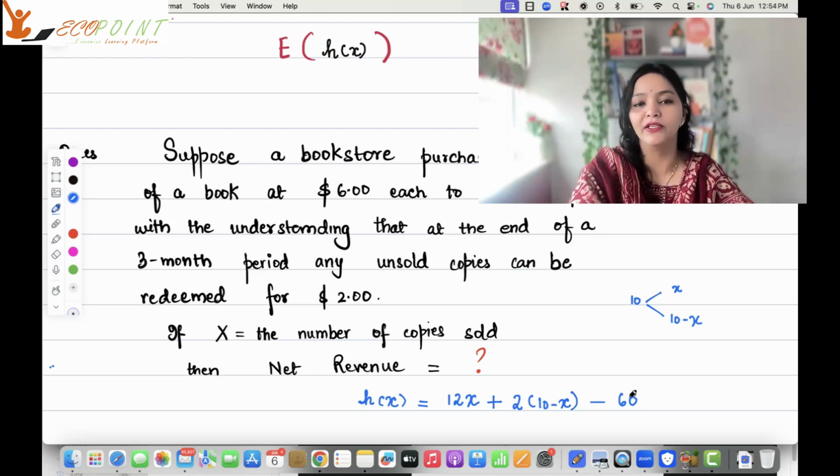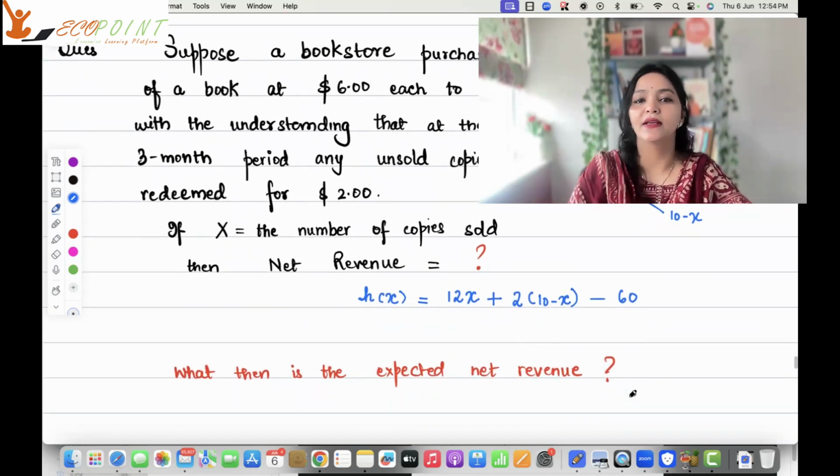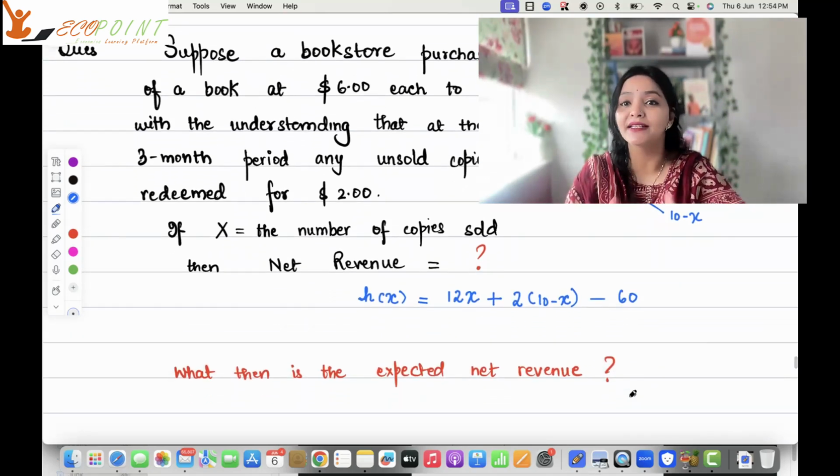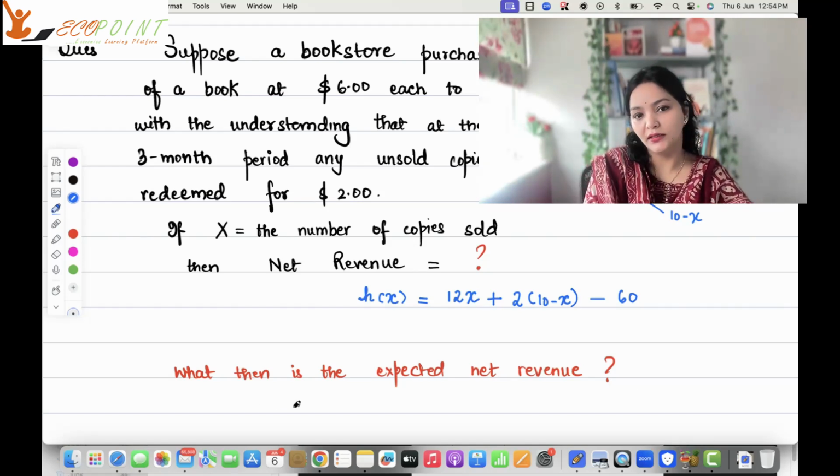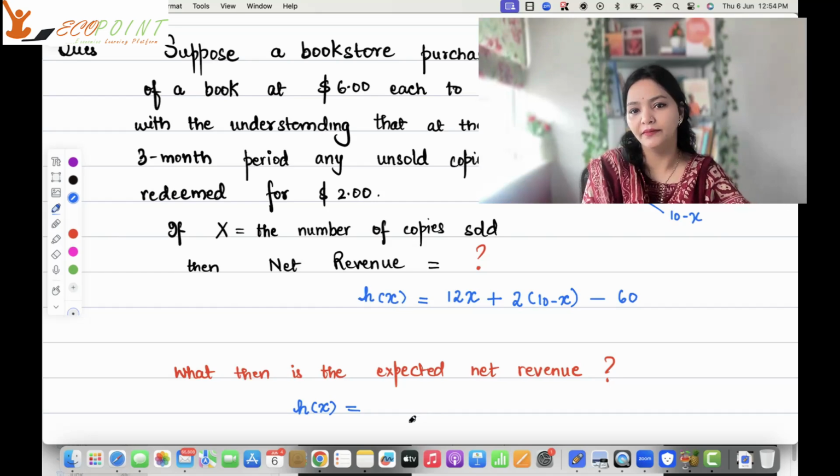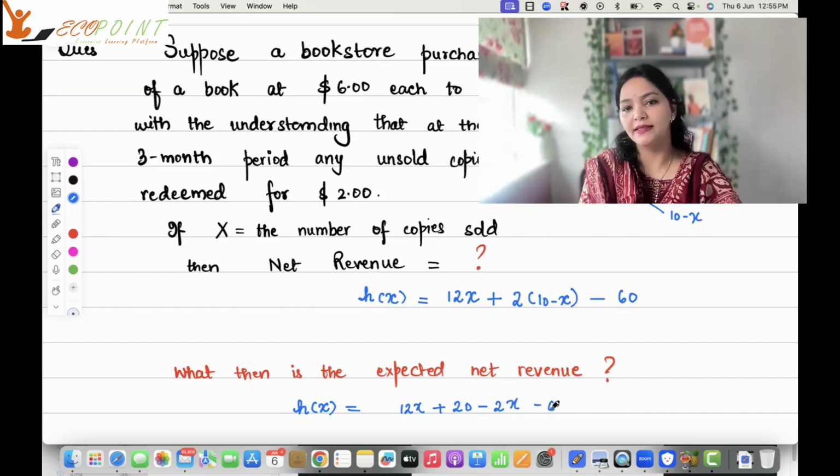Now, my question is, what is the expected net revenue? What do you expect this net revenue to be? In this question, the revenue is your function of the random variable x, and it turns out to be 12x plus 20 minus 2x minus 60.